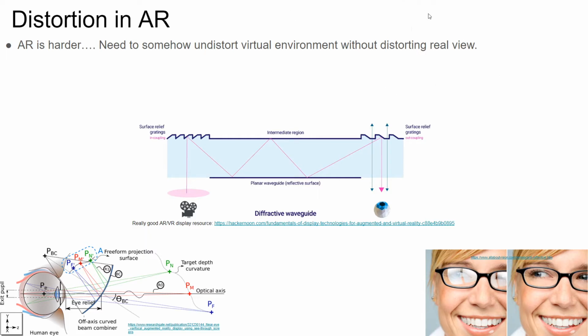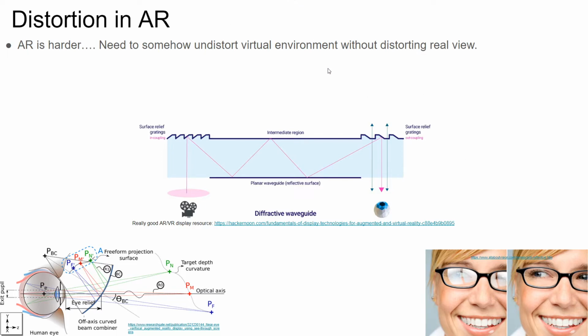That is distorting their real world view, right? Like when somebody else wears your glasses. In AR, we have the same problem where we don't want our lens to have the effect of distorting the viewer's real world view.